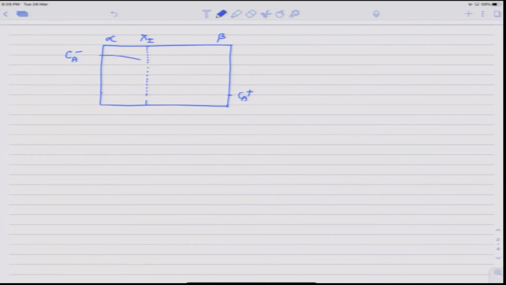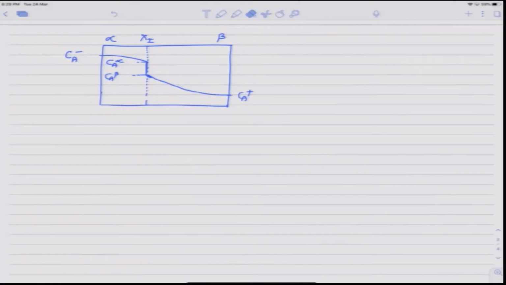So, there will be a discontinuity in the profile at xi. The profile would look something like this. So, this is C A alpha, this is C A beta. Now, we can use the same principles to analyze this as we used for the single phase diffusion couples, as long as we assume molar volume to be constant.